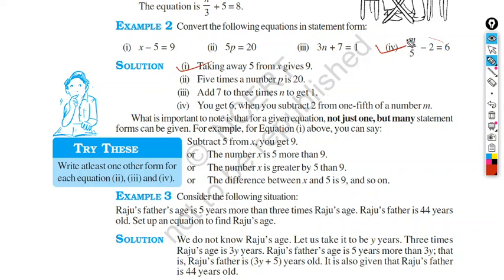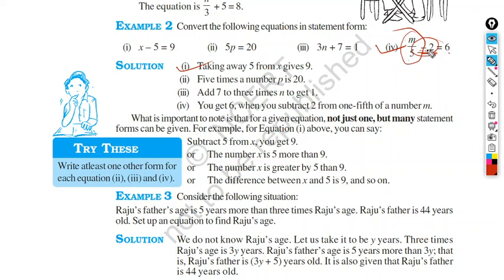IV: m by 5 minus 2 equal to 6. Here you can clearly see 2 has been subtracted. 2 is subtracted from what? From m by 5. m by 5 means 1 by 5th of m.